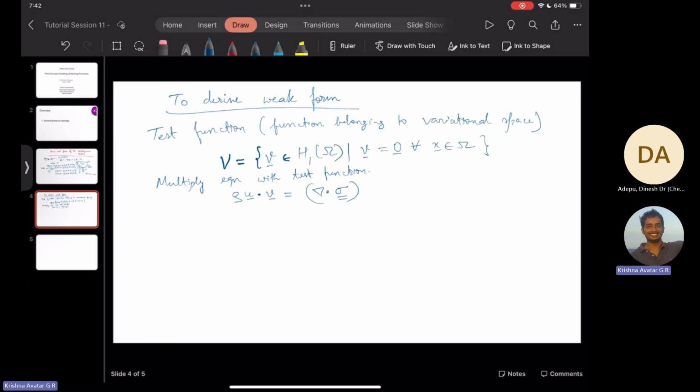This, you recall, is a vector, right? So the divergence of a second order tensor is a vector, and divergence of a vector is a scalar.